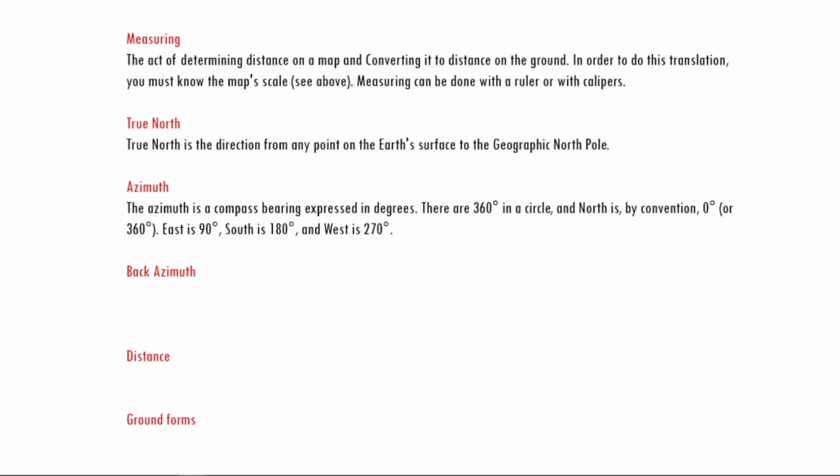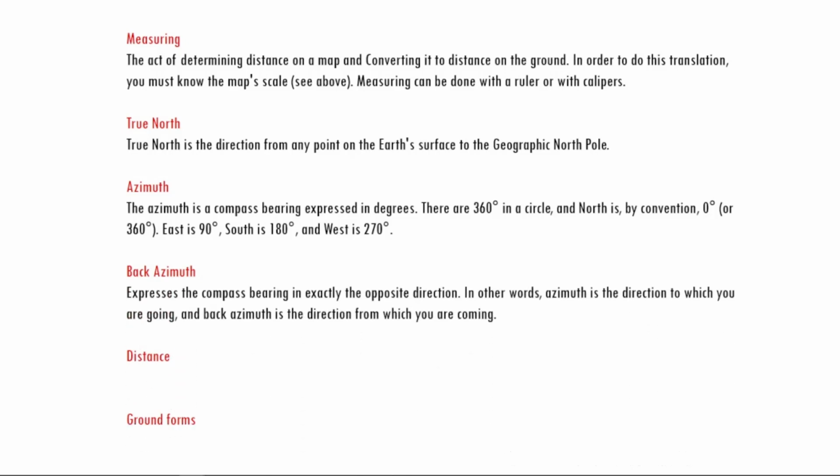East is 90, south is 180, and west is 270. So azimuth is as you move from the top or north of your compass going towards east, south, west, and back to north. That is what we call azimuth. Some people will say clockwise. The common term is clockwise.